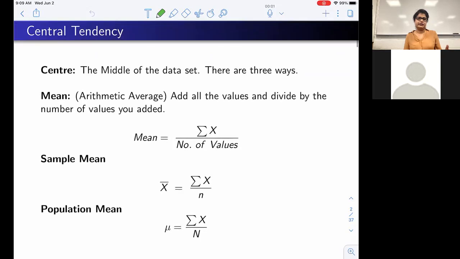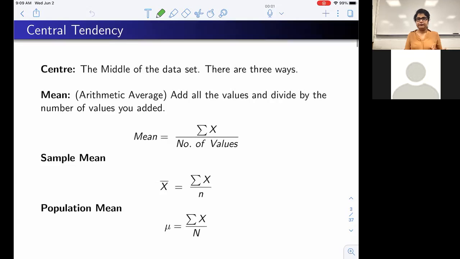Number one is very common, we all use it in our practical life: finding the average. That is called the mean in statistics. Mean means the arithmetic average.